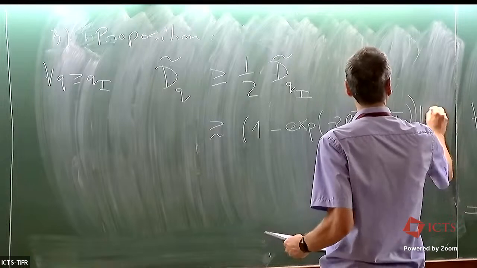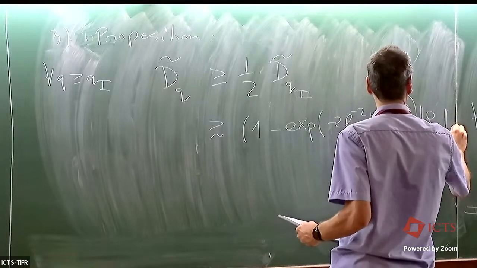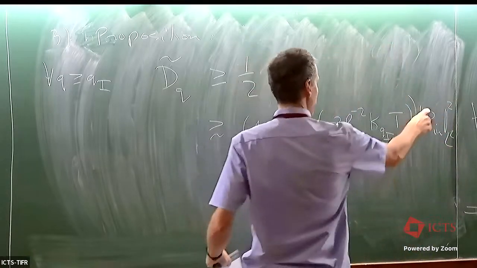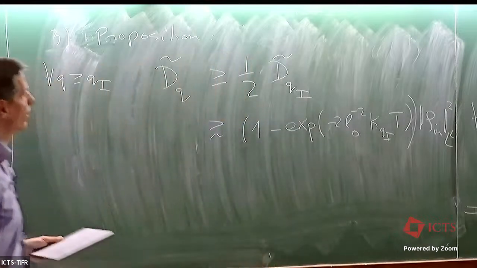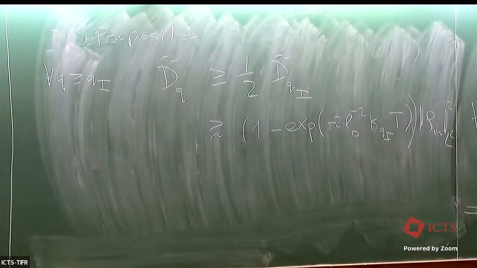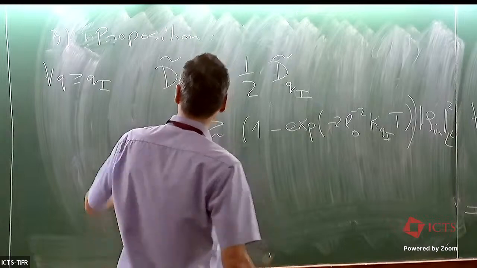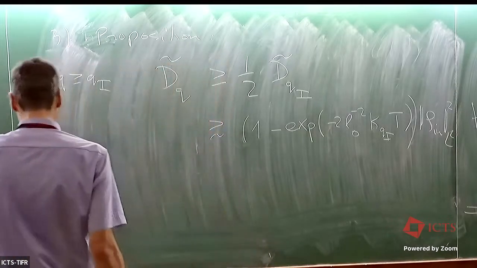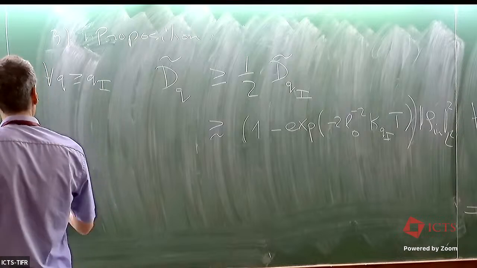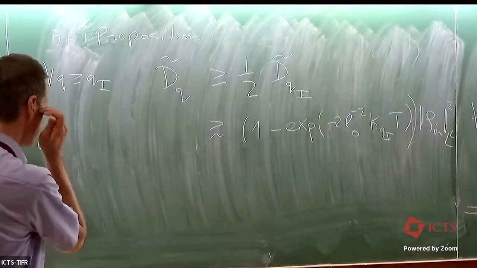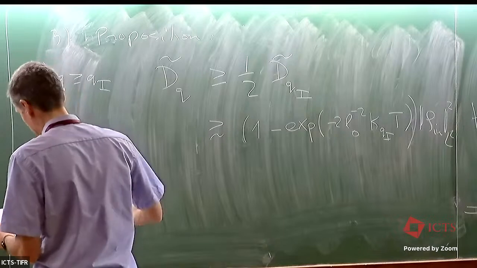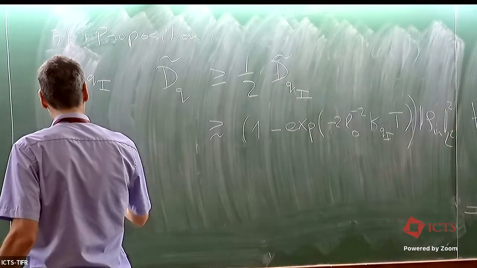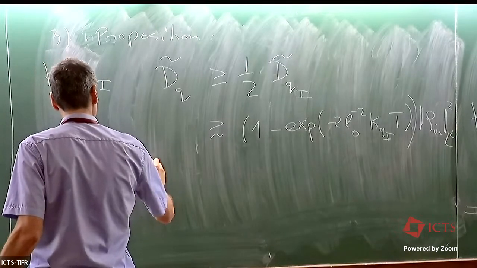Times the L2 norm of the initial data. And it doesn't matter if you put tilde or not, because they're close enough. Okay, so this gives a lower bound for all Q bigger than Qi. But then there's some sort of simple comparisons, because in the end, I can now say something about this equation.